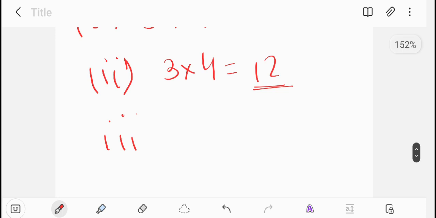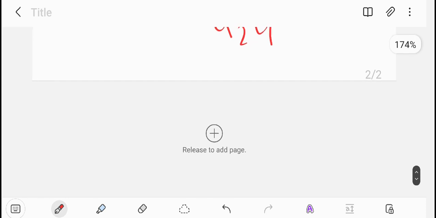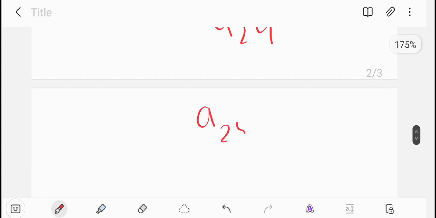The third part of this question says to write the elements A13, A21, A33, A24, and at last A25 also.